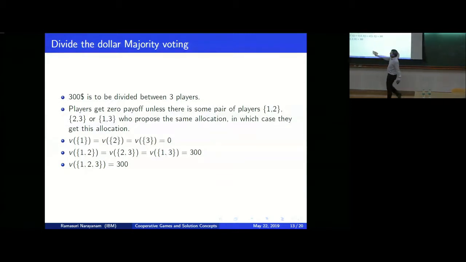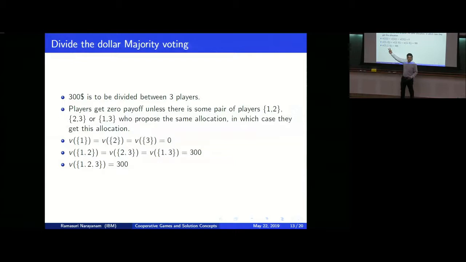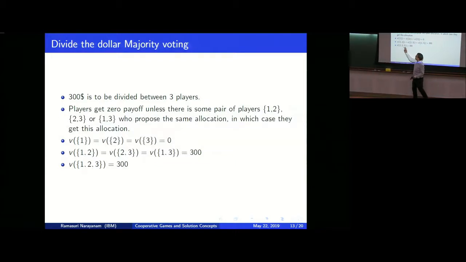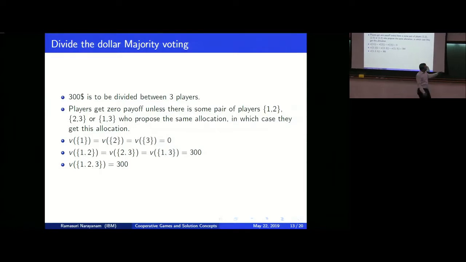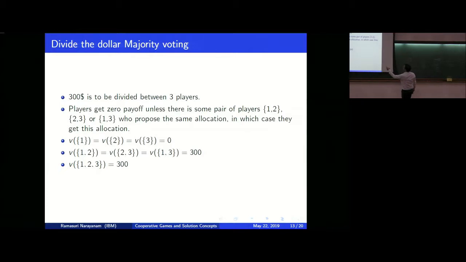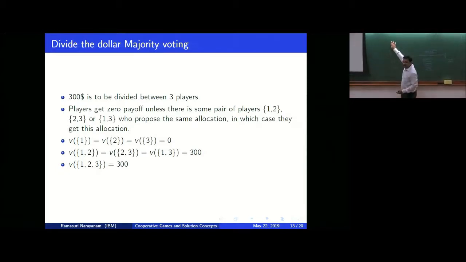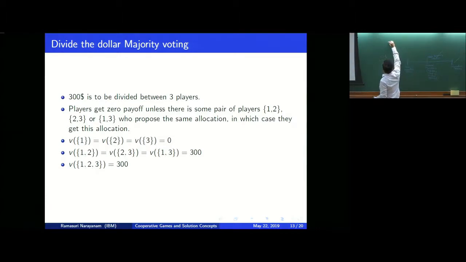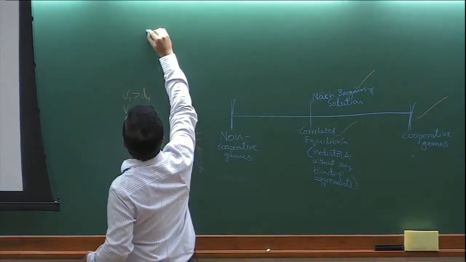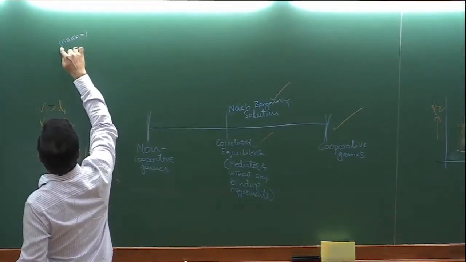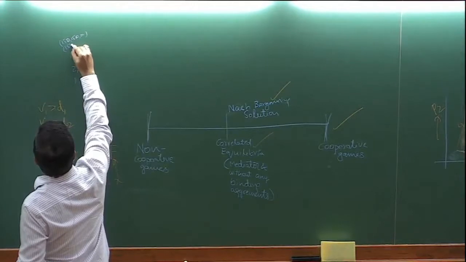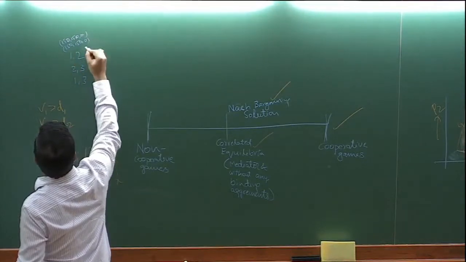So the value of 1, 2, 3, called the grand coalition because all 3 players are involved, is of course 300. And the value of any subset containing 2 players is also 300 because of this rule. This is the rule of the game. If a subset defines one allocation, say I am player 1 and I propose 150, 0, and player 2 also proposes 150, 0, that's it.